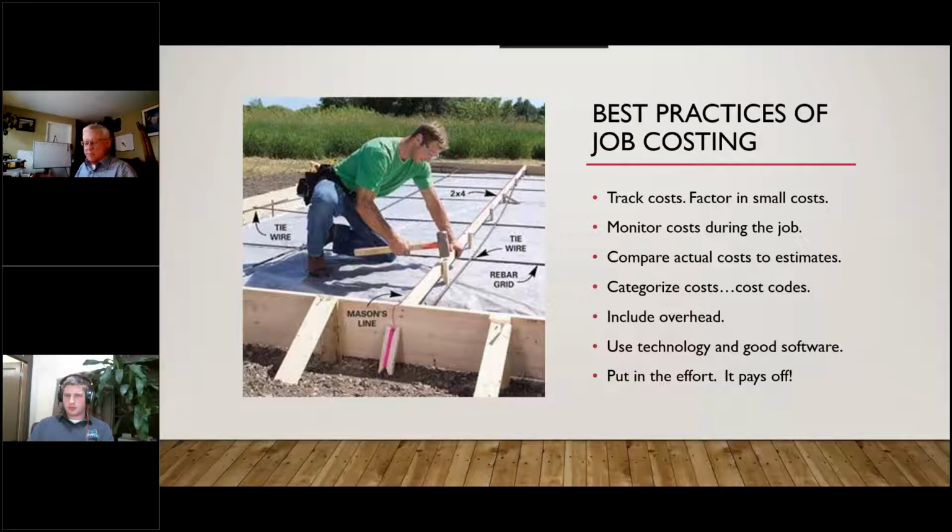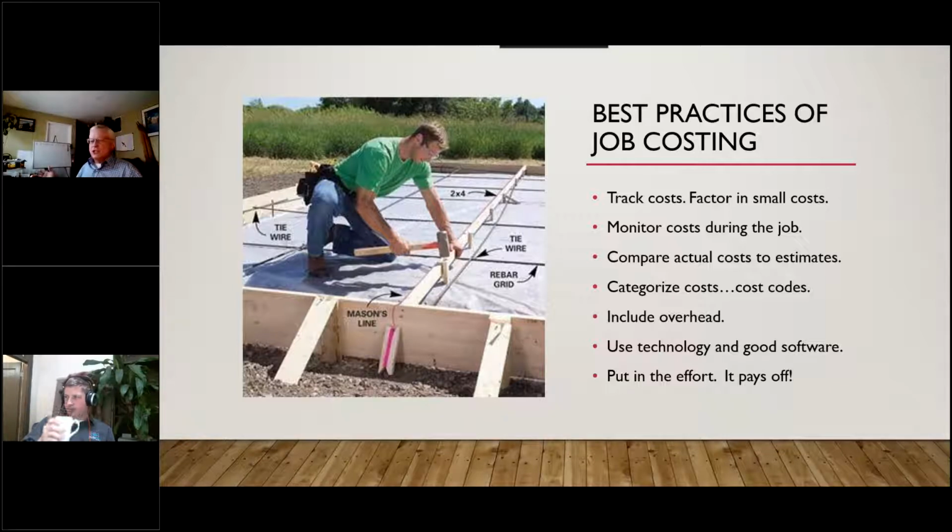A lot of times you can group in the really small costs, and if it's no big deal, that's a judgment call on your side. But monitoring the costs on the job becomes absolutely crucial to monitor those costs on an ongoing basis. Compare the actual cost to estimates, categorize the costs through cost codes, and don't forget to include the overhead.